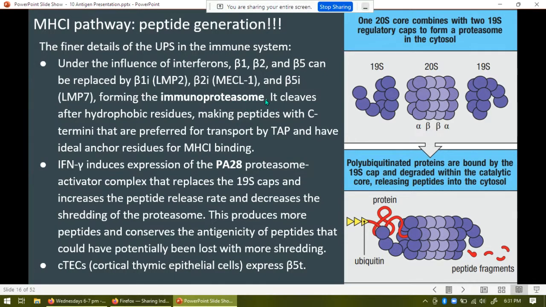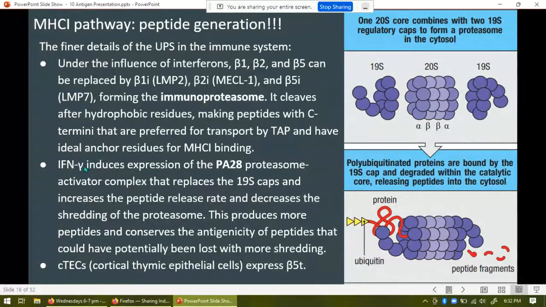This is important because the immunoproteasome generates peptides that are specifically good at binding to MHC1 molecules, because it cleaves after hydrophobic residues in the target protein, and therefore it makes peptides with C termini that are good for transport by the TAP protein that imports peptides into the ER, and also has ideal anchor residues for binding to MHC1 proteins. So the immunoproteasome is turned on by interferons like interferon gamma, interferon alpha, those kind of things. And its job is to make peptides that are super good at binding and getting to MHC1.